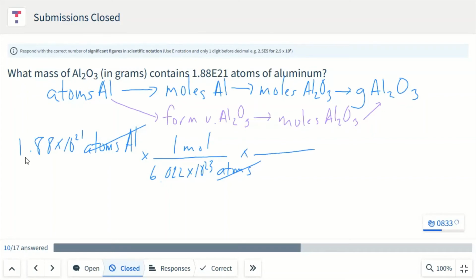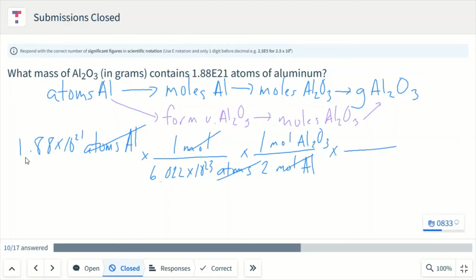Second step, there are 2 moles of aluminum in every 1 mole of aluminum oxide. Again, this is where that dimensional analysis helps. If you just multiplied by 2 because you saw that there were 2 aluminums in there, you missed the point. That's where the unit cancellation kind of helps.